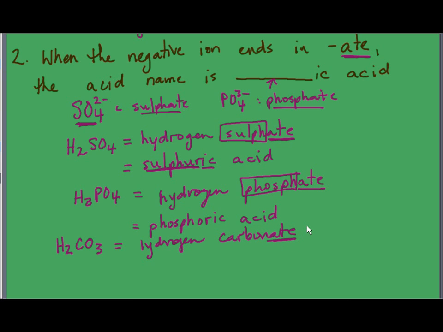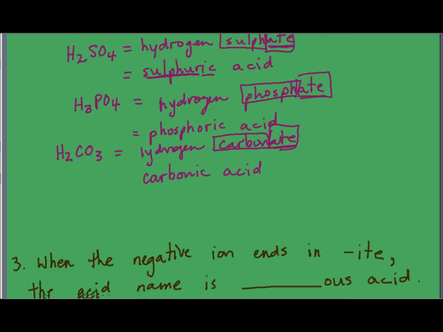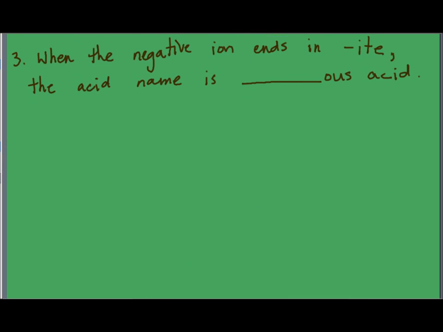We see that ATE at the ending, so we take the root and put that in our blank up here, so this is carbonic acid. Those are 3 examples that follow rule number 2. Anytime you have an ATE at the ending of the regular name, to turn it into the acid name, it's blank-ic acid.